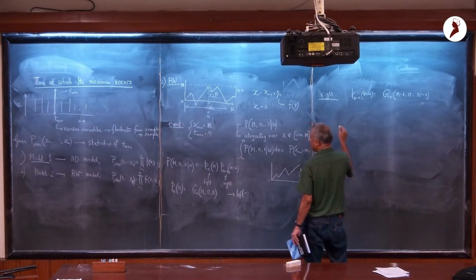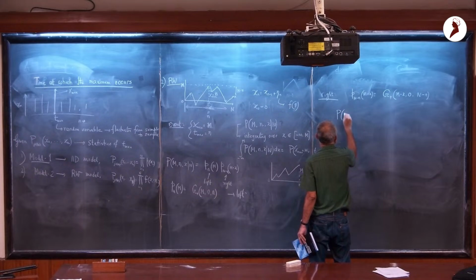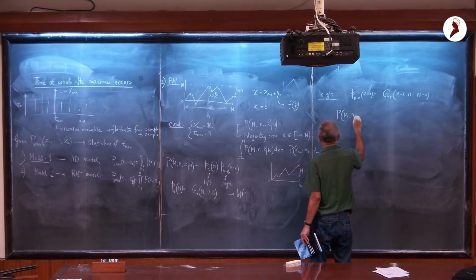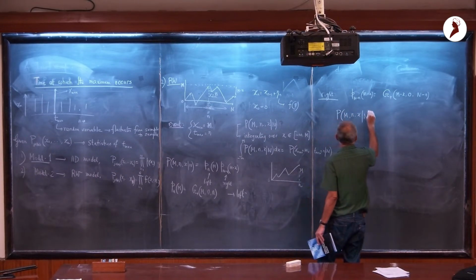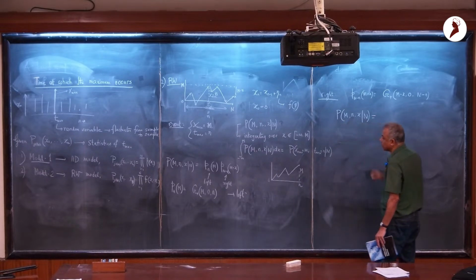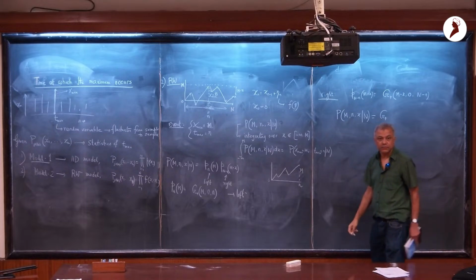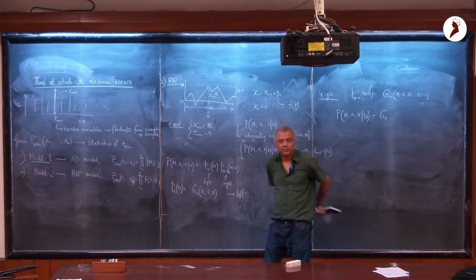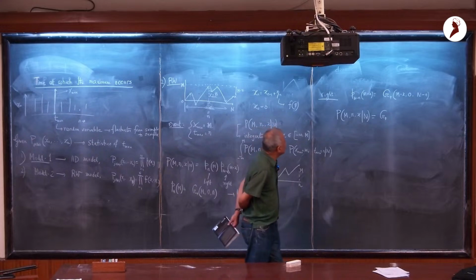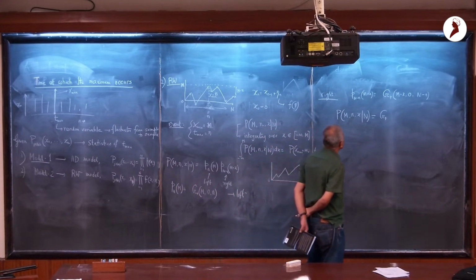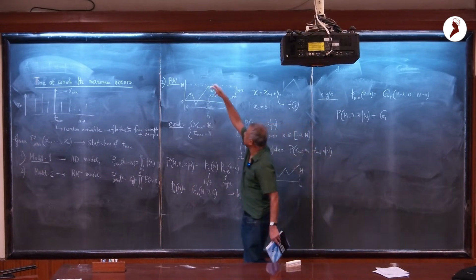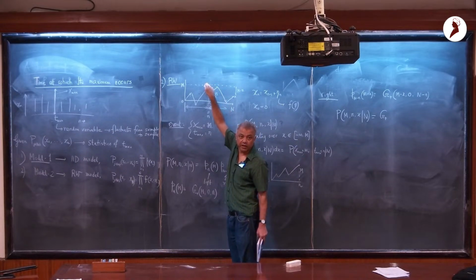So therefore, this object, you just have to convince yourself a little bit. If you draw a picture, you will see immediately. No, because I have shifted my origin here. You are putting yourself there. This is the origin, right?